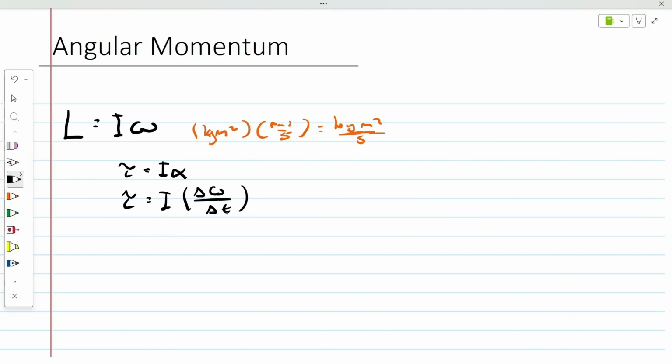And so when we multiply by delta t, you get torque times change in time equals rotational inertia times this change in angular velocity. And so this is just the change in angular momentum.